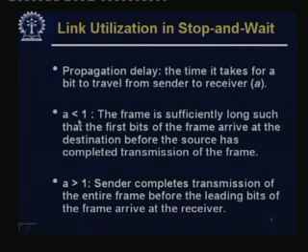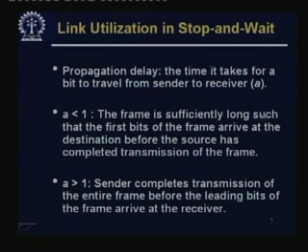Now, if a is less than 1, what does that mean? Remember that we have normalized our transmission time to 1, so the first bit of the frame has already reached the receiver while some of the later bits are still being sent by the sender.